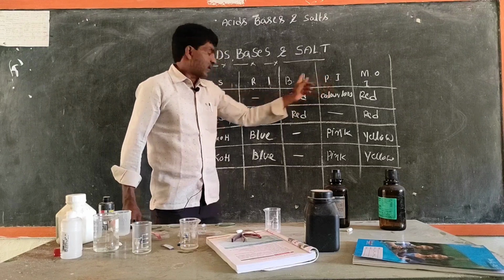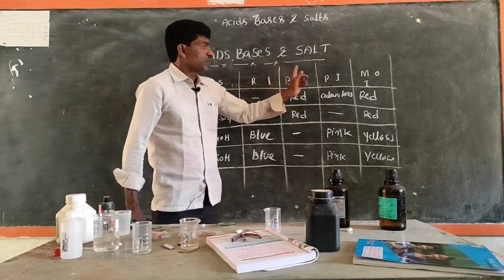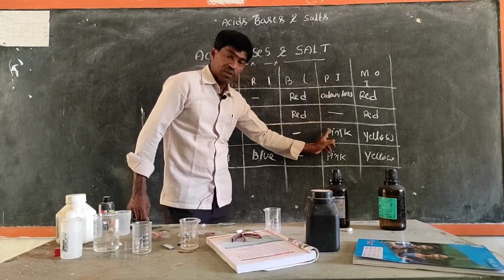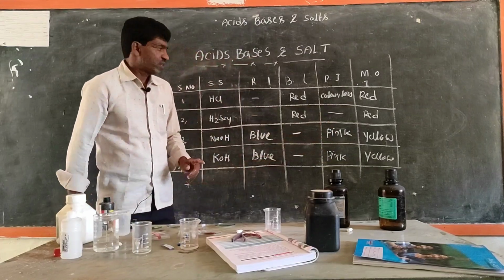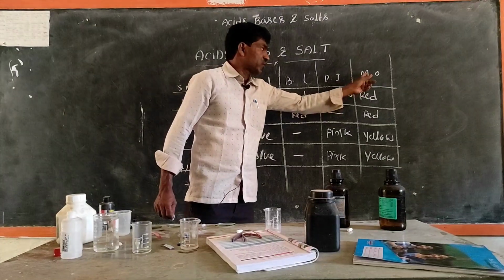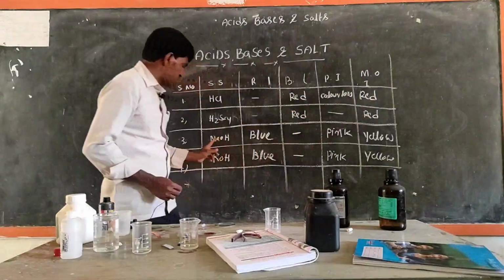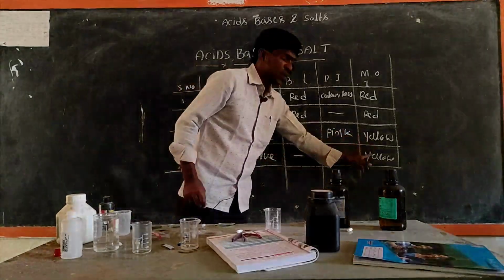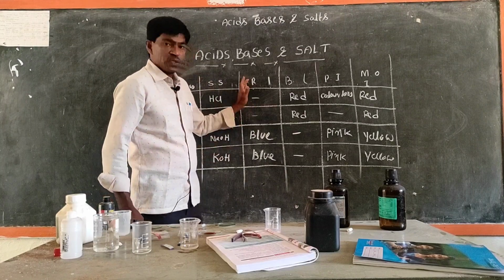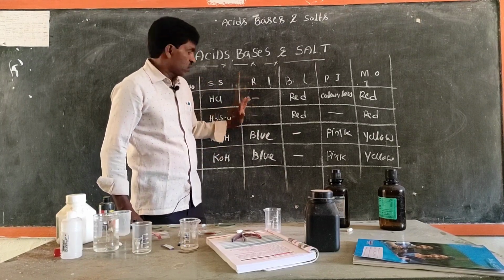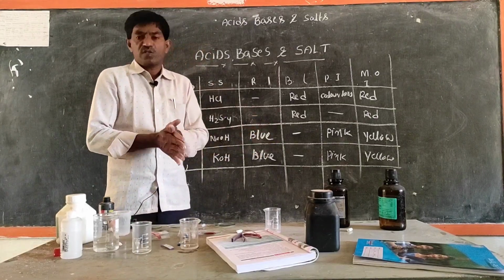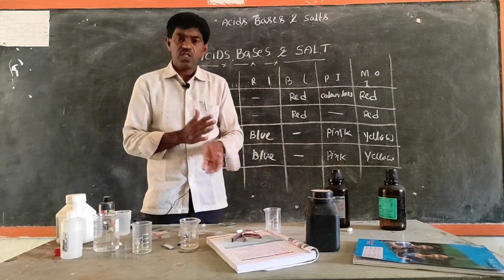Next, acids show no change with phenolphthalein indicator, while bases turn phenolphthalein pink. Acids turn methyl orange indicator red, and bases turn methyl orange indicator yellow. So with this activity we can find out which one is acid and which one is base. This is the small activity we conduct in this session.